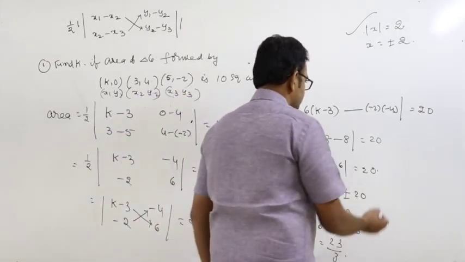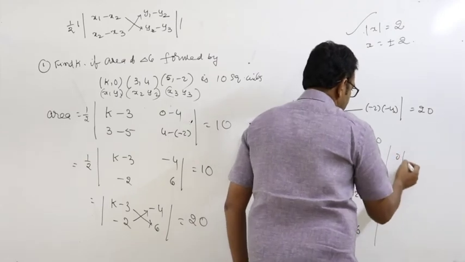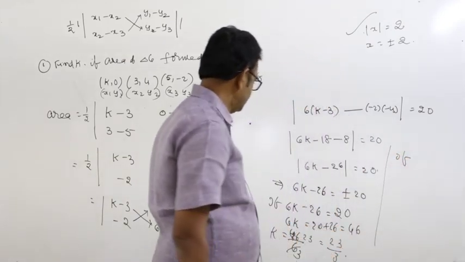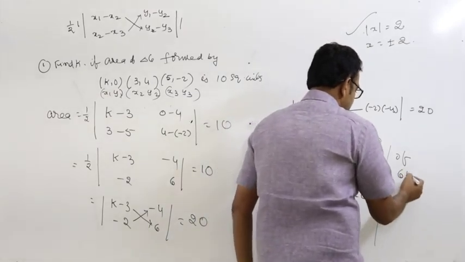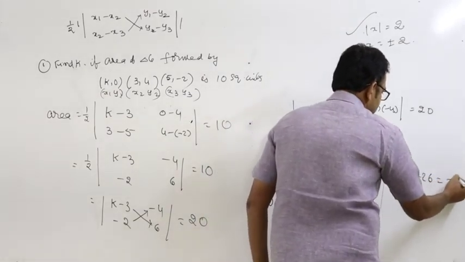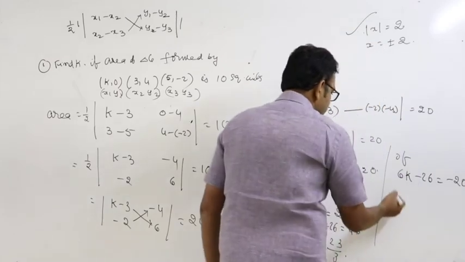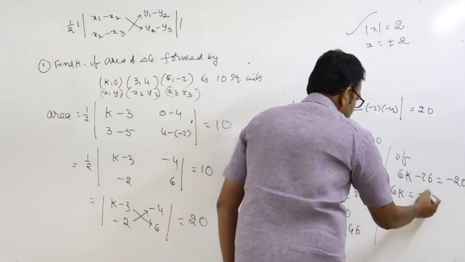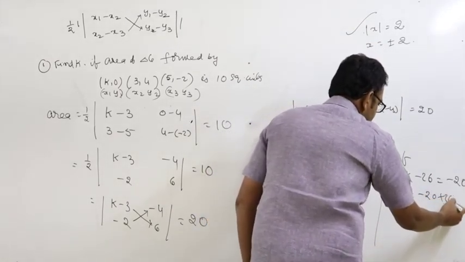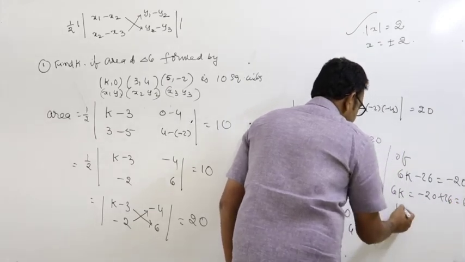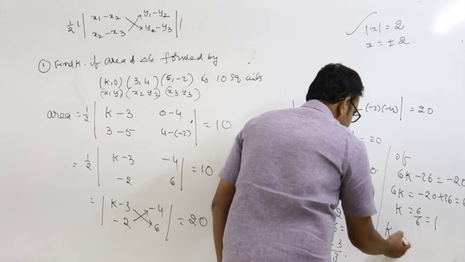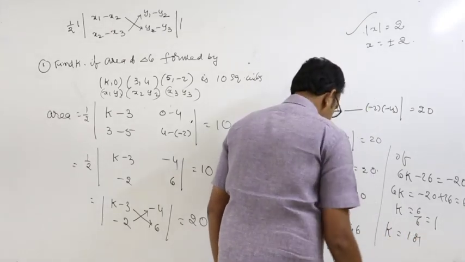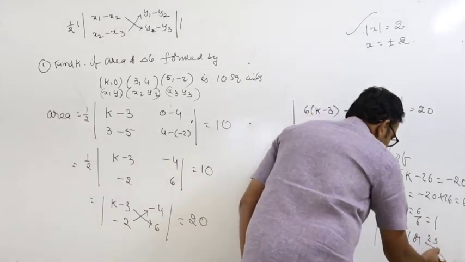If you take the negative sign, 6k minus 26 equal to minus 20, therefore 6k is equal to minus 20 plus 26, that is 6. k is equal to 6 by 6, that is 1. Therefore the values of k are 1 and 23 by 3.